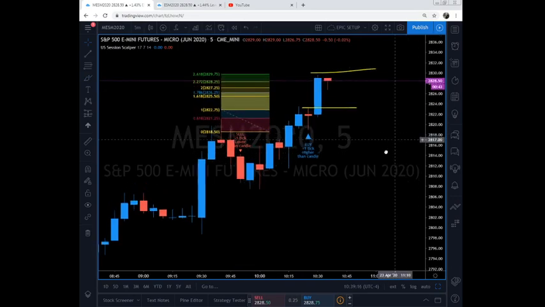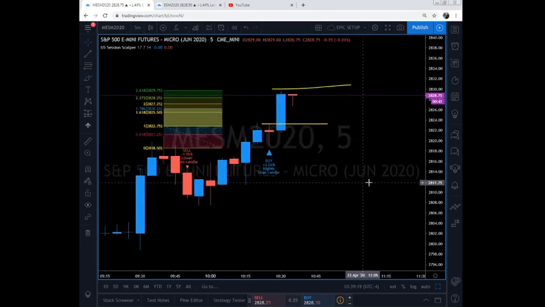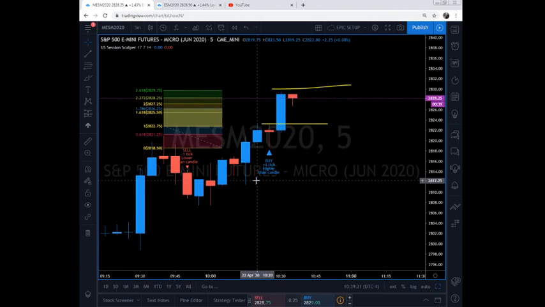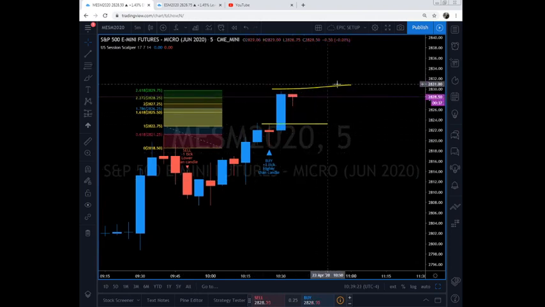This is a scalping method during the US session, and this will be a quick and easy one. 2831 is a reasonable target for this trade. It's too heavy, I'm not sure why it's so heavy.